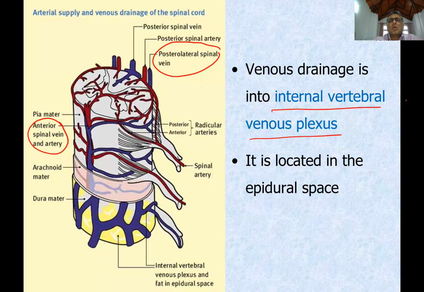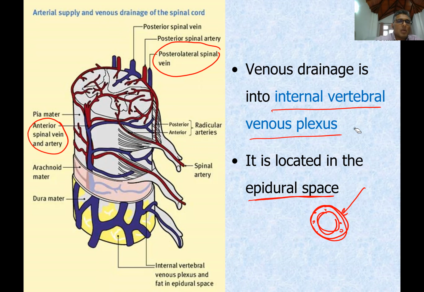They are called internal because they lie inside the vertebral canal, but outside the spinal cord. The plexus lies between the spinal cord and the vertebral bone, in the epidural space. Remember that. Epidural space is another name for extradural space.